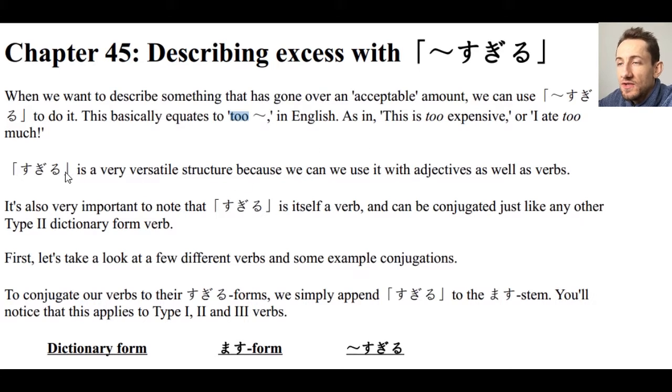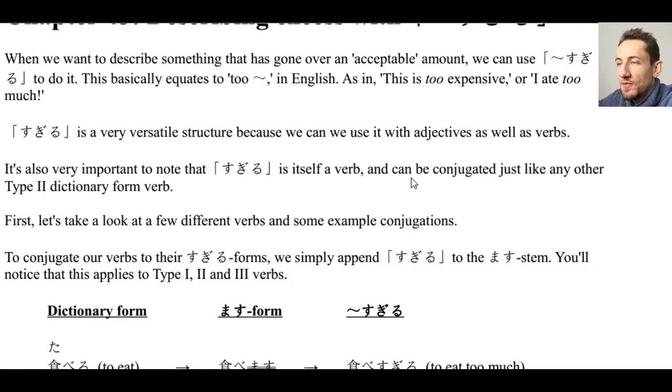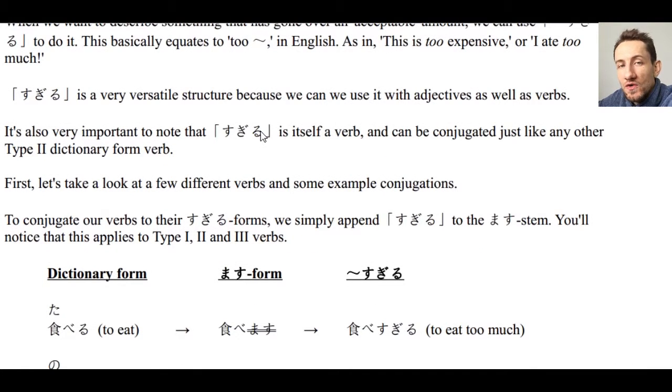Okay? And sugiru is a great structure to know because it's very versatile. We can use it with adjectives and verbs. We'll look at that in detail as we go along. But it's also important to note before we begin that sugiru is a verb, and it's a type 2 verb, and as such, it can be conjugated like all other type 2 verbs.